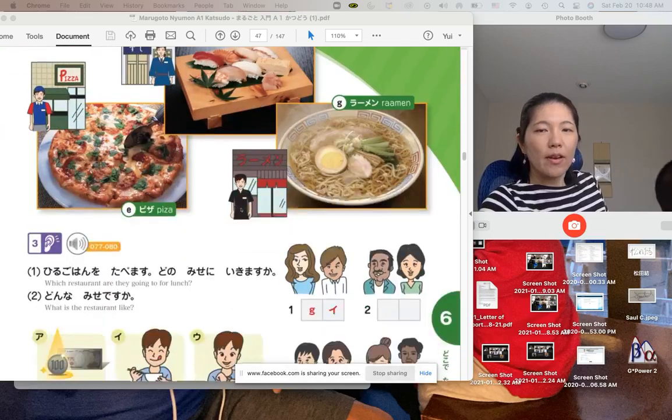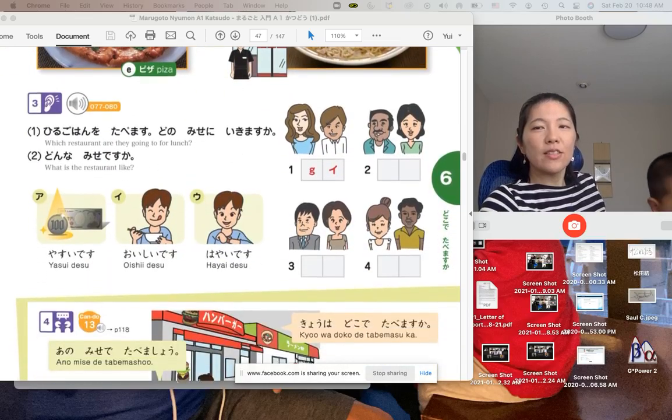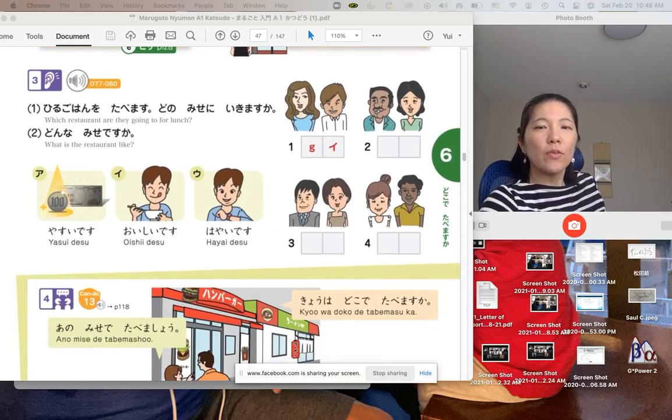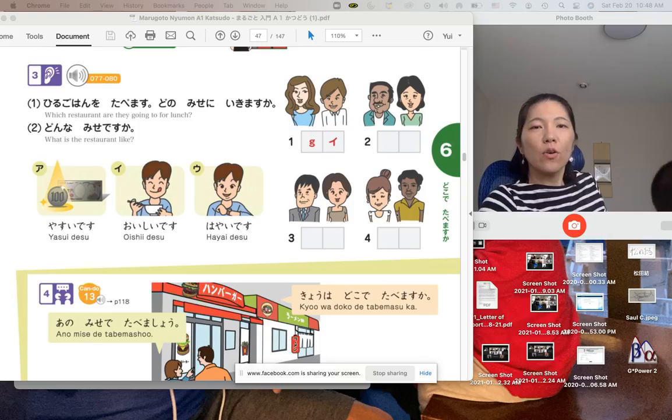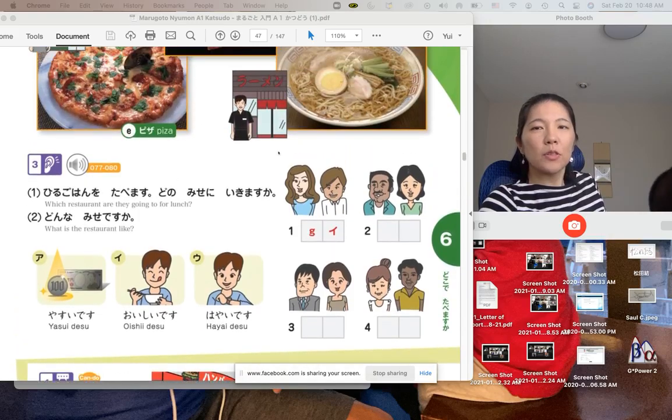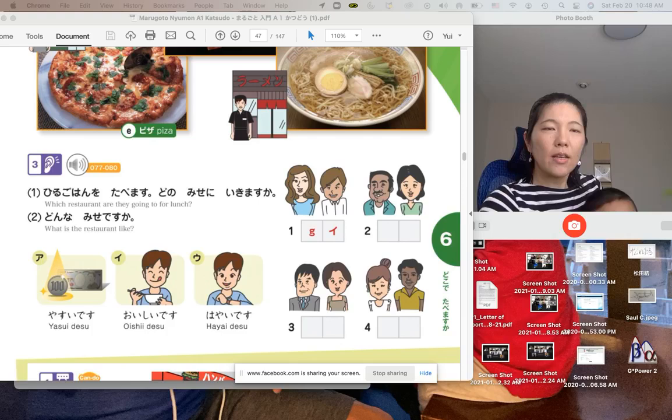Okay, so let's listen to number 3. So it's referring to all these pictures or numbers. And the question is, 昼ご飯を食べます。どの店に行きますか? 昼ご飯. 昼 is like a midday kind of thing.